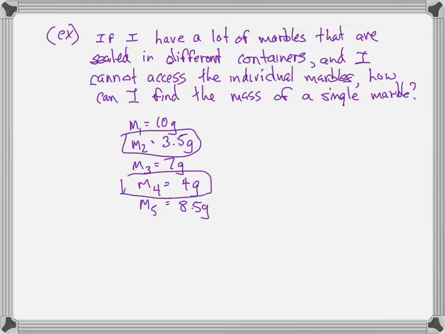But this is different than 3.5. The difference between 3.5 and 4 is 0.5. So it can't be bigger than 0.5 grams, if we are assuming all the marbles have the same mass. Let's look at the rest of these. Yeah, so we say that the mass of the marble must be less than or equal to 0.5 grams.